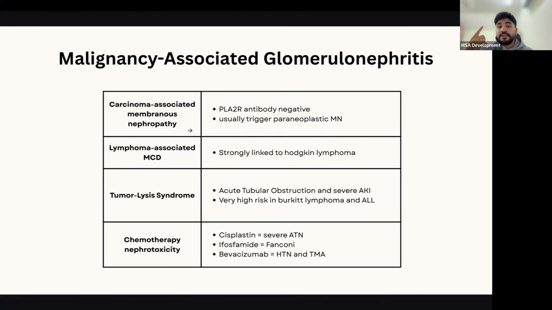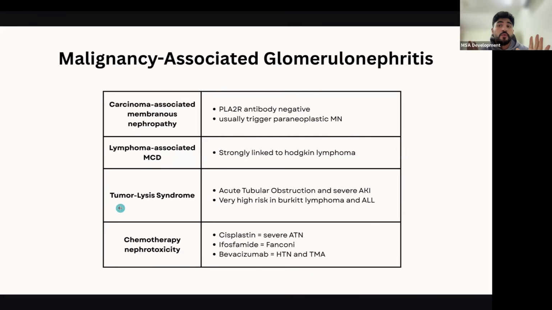It's usually PLA2R antibody negative, and it's usually a cancer that the patient is going to have, which will trigger paraneoplastic membranous nephropathy. Low yield, honestly, but I put it here just for the sake of inclusion. Then you have lymphoma-associated minimal change disease, strongly linked to Hodgkin lymphoma. So this could become a potential MCQ.